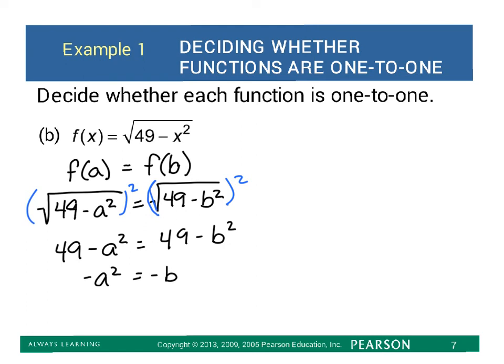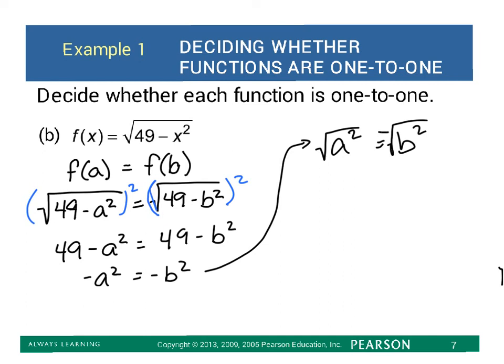We get this. Divide both sides by negative 1, and we'll get a squared equals b squared. Now take the square root of both sides to get rid of the square, but remember, one side gets a plus or a minus. So we get a equals plus or minus b. These two sides are not equal to each other, so it is not one-to-one.